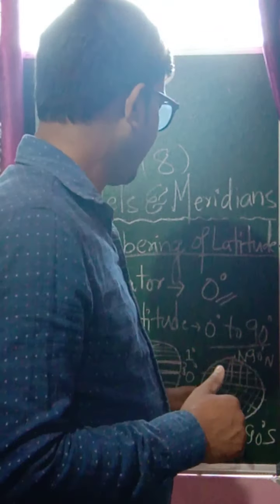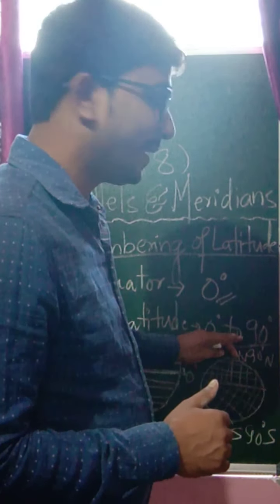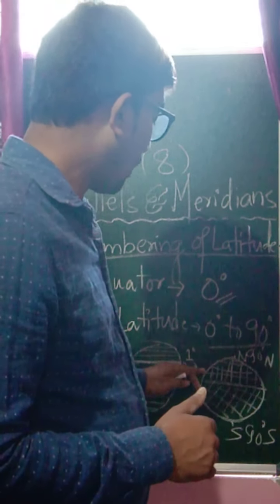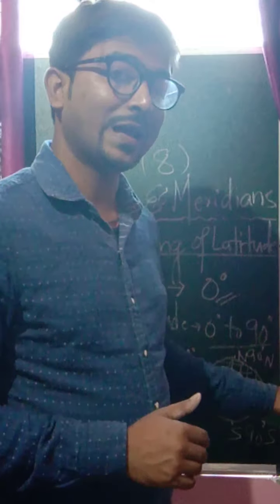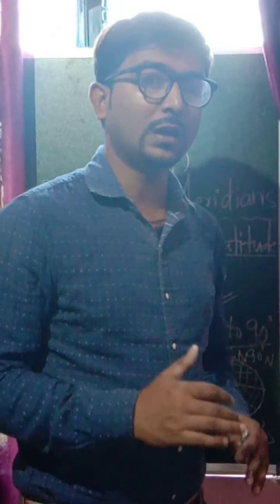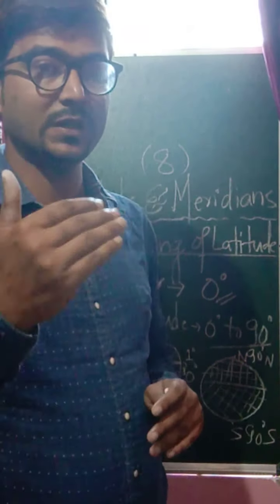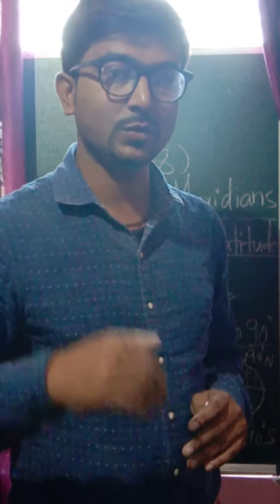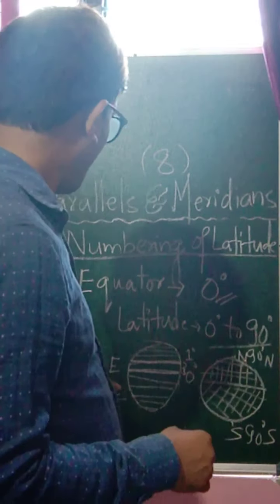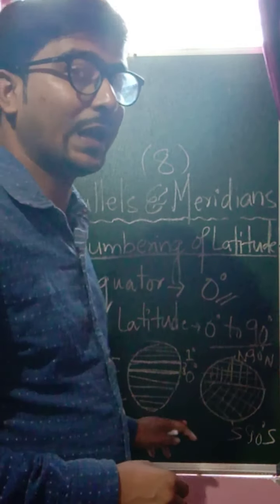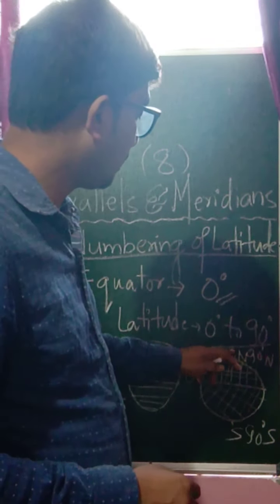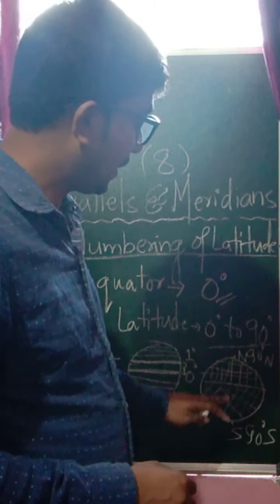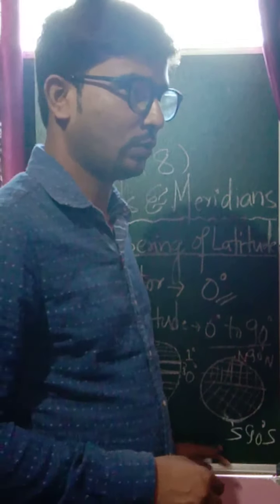As the lines here also 90 on the northern part, and the southern part also 90, plus one more line as equator line, the total lines of latitude is 90 plus 90, 180, and the line of equator 1, that is 181. So total there are 181 lines of latitude, having northern hemisphere pole and the southern hemisphere. The northern hemisphere has North Pole and the southern hemisphere has the South Pole.